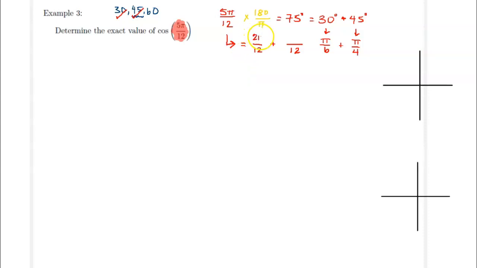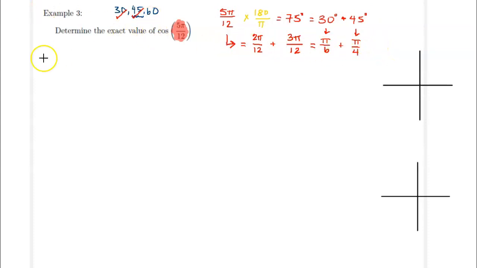So 2 pi plus 3 pi gives me 5 pi. And if I then go to reduce this, you're going to find that this reduces down to 6 pi over 6, and this reduces down to pi over 4. So that's another way that you could have figured this out. If you feel more comfortable for now converting it to degrees, then that's fine. But eventually, once you get more comfortable, you should be able to follow it this way.